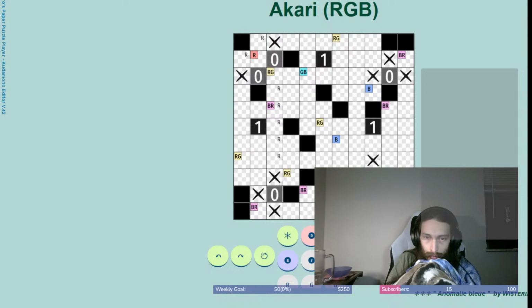The next to the last row, there is a blue-red spot. One of those directly underneath it has to be blue or red, right, which will also take care of whichever one that ends up being over there to the left.